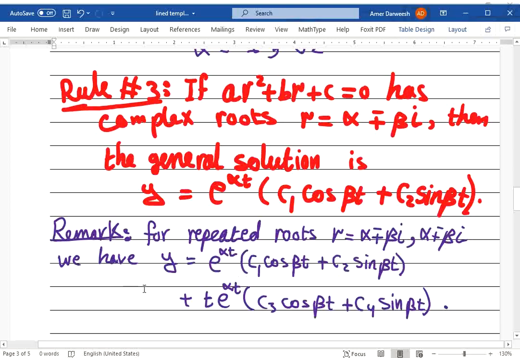We have the solution for the first conjugate roots e to the alpha t, c1 cosine beta t plus c2 sine beta t، وهاي هي نفسها بالضبط حسب القاعدة الأولى. الآن repeated معناها برجع بكتب كمان نفس السوليوشن وراح أضربه بالمعامل t، تقريبا نفس الشغل اللي اشتغلناه بالريال repeated real roots. خلينا نروح الآن لexamples نشوف كيف نتعامل مع هاي الرول.